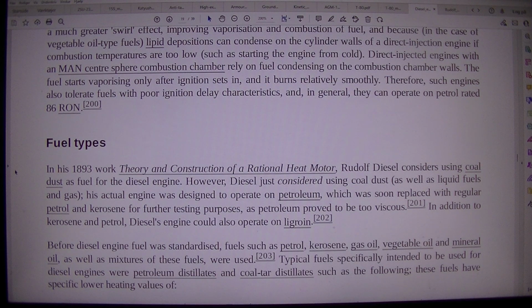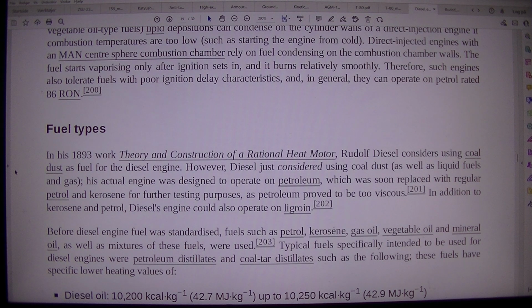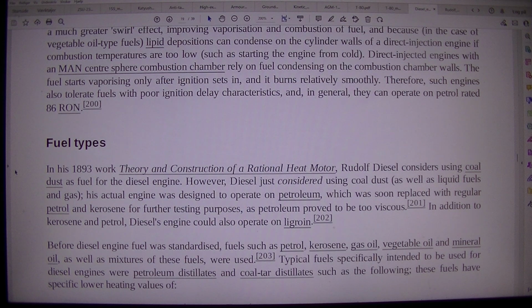This is partly because an indirect injection engine has a much greater swirl effect, improving vaporization and combustion of fuel, and because, in the case of vegetable oil type fuels, lipid depositions can condense on the cylinder walls of a direct injection engine if combustion temperatures are too low, such as starting the engine from cold.